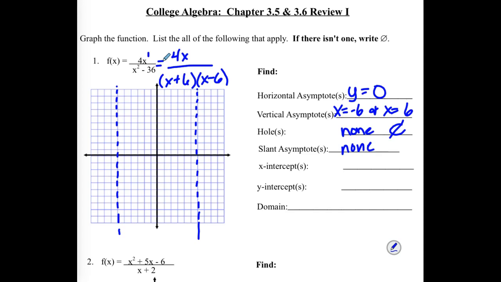Okay, so x and y intercepts are the values we get when we plug a 0 in, one at a time. All right, so x-intercept is the value I get for x when I put a 0 in for y. And the y-intercept is the value I get for y when I put a 0 in for x.